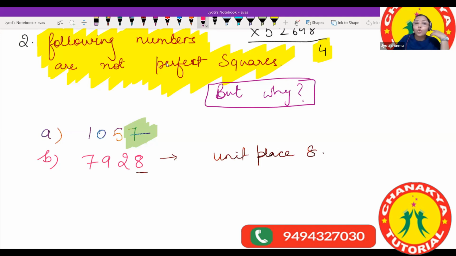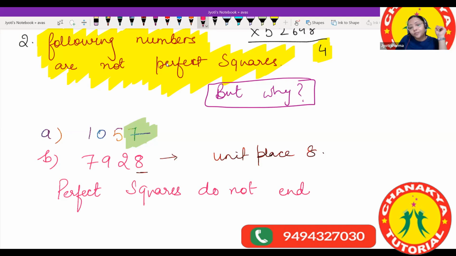So perfect, squares do not end with 2, 3, 7 and 8. That's the reason, right? Okay, let's quickly move ahead.